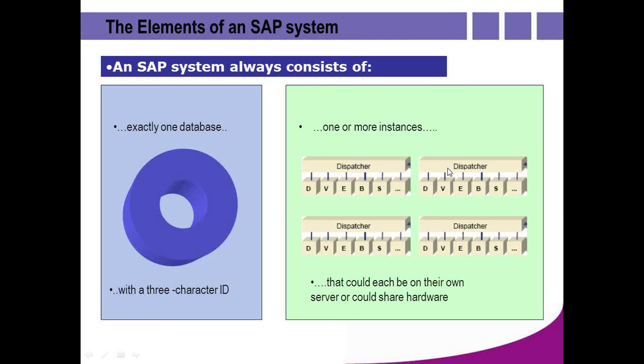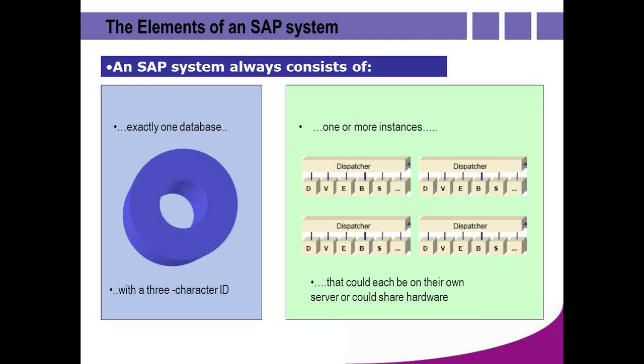Thank you. Each dispatcher contains some work processes, and these work processes will help you to process your request. That means in the application layer, there is a possibility to have multiple instances.